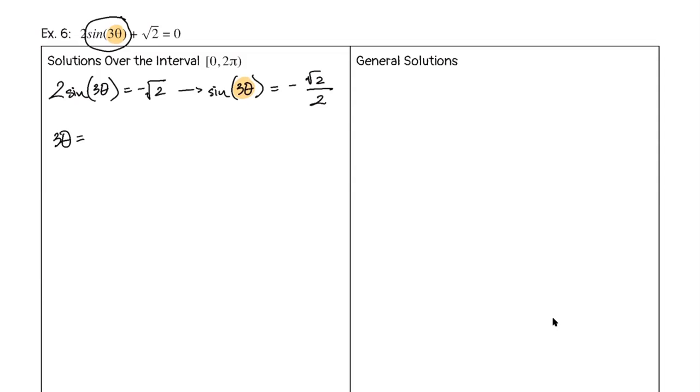Like, where is one location where the y value equals negative root 2 over 2? 5 pi over 4, I agree. And there's one more location where the y value is negative root 2 over 2. And yes, folks, that would be 7 pi over 4, okay?